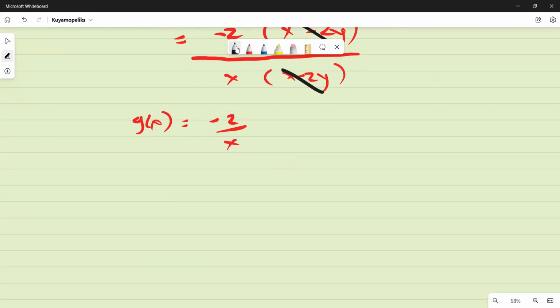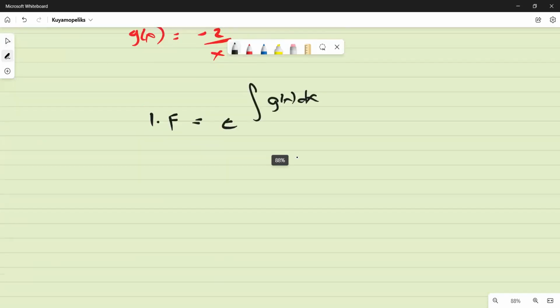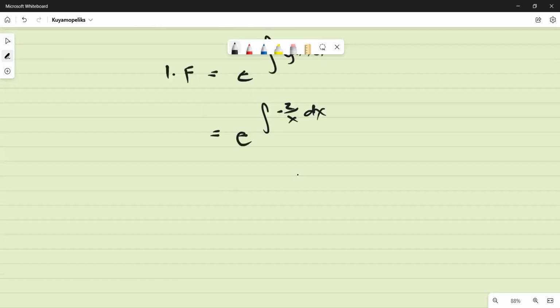So, let's get the integrating factor. Next step, get the integrating factor, which is equal to e raised to the integral of g of x dx. So let's substitute the g of x that we got, which is negative 2 over x dx.